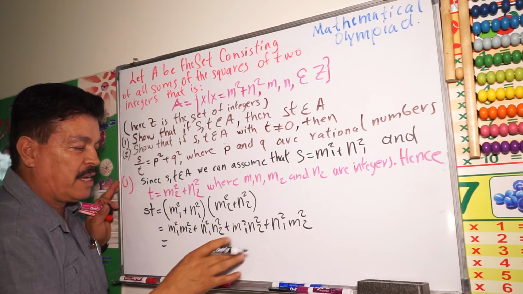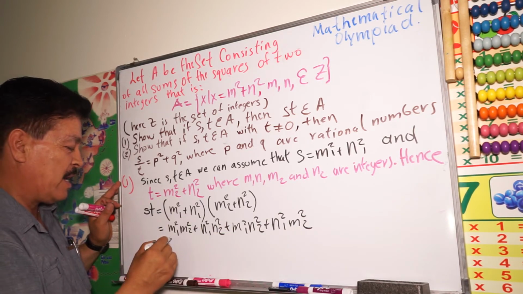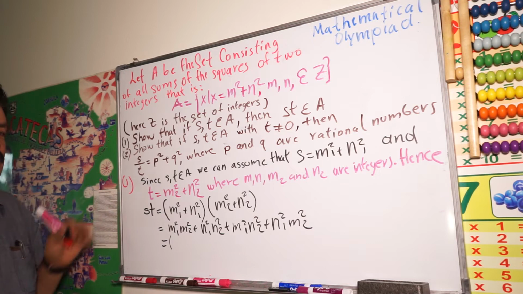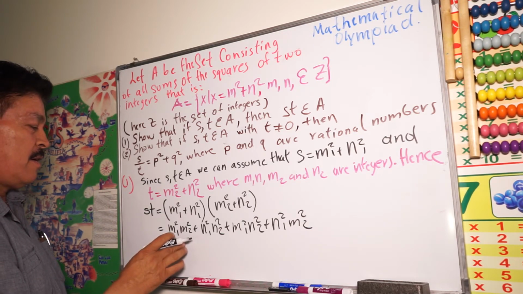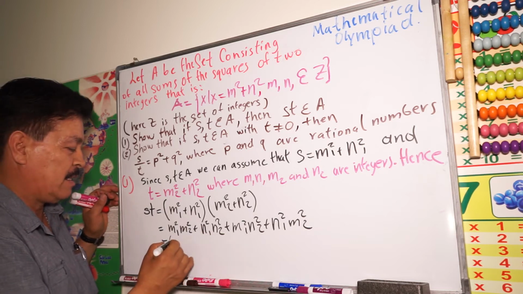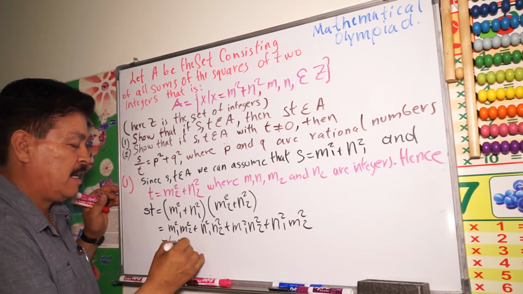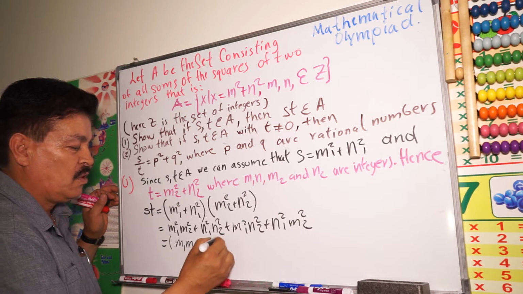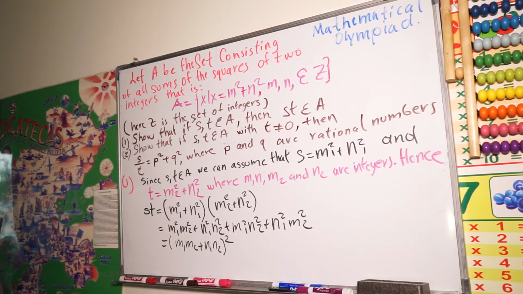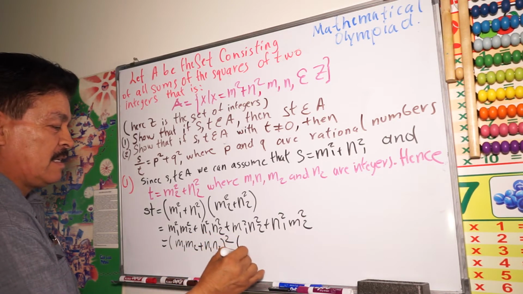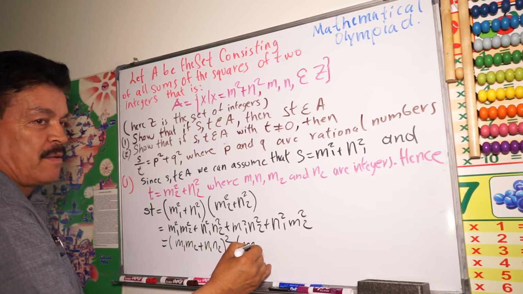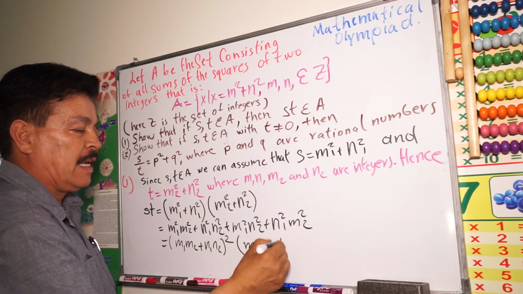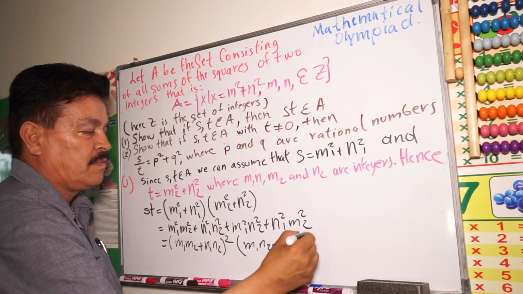Then you have all the development right here. So now we are able to write m1 m2 plus n1 n2, to the second power, plus m1 n2 minus n1 m2, to the second power.